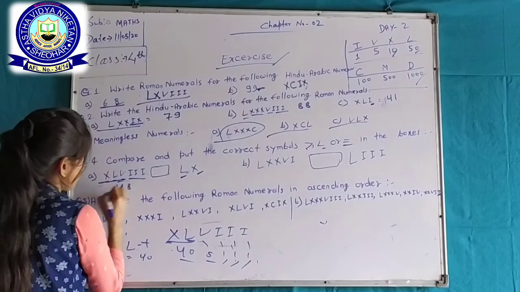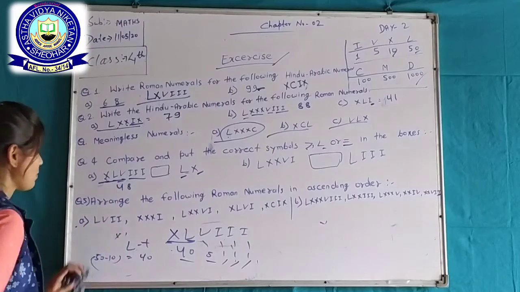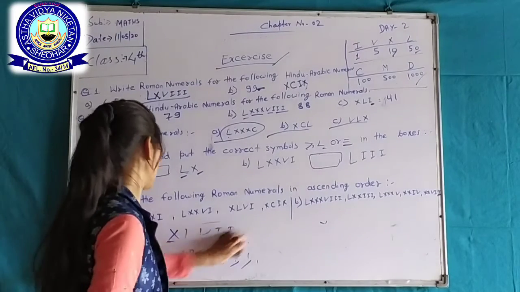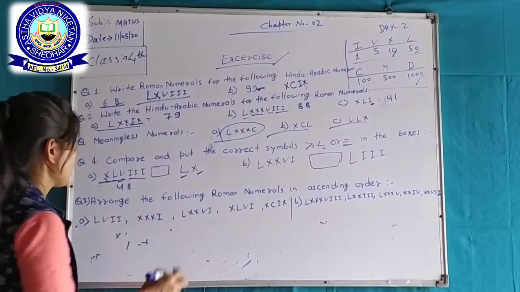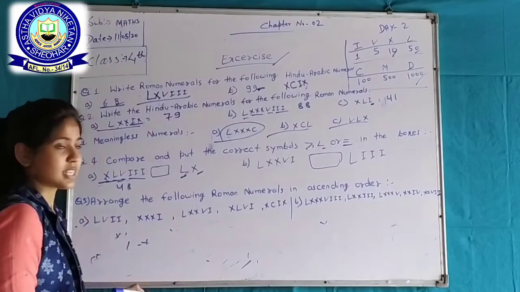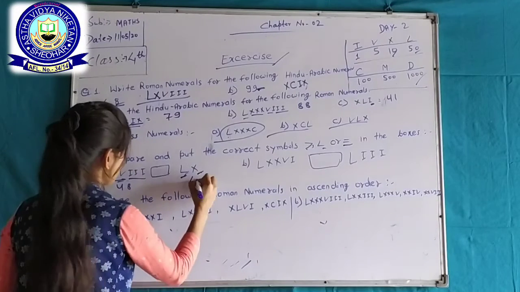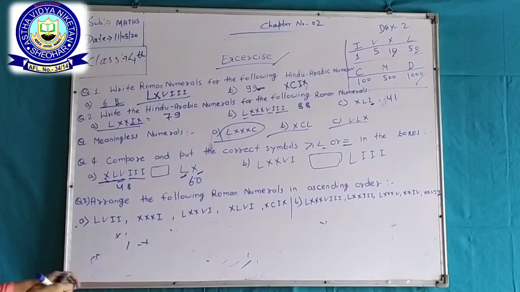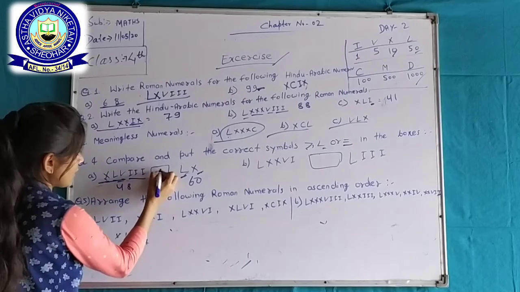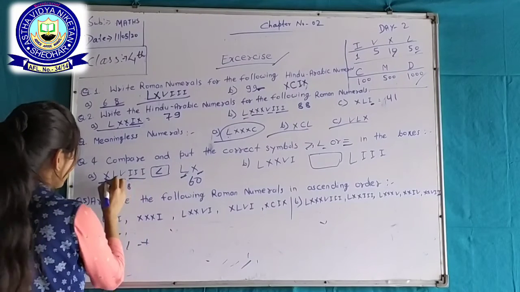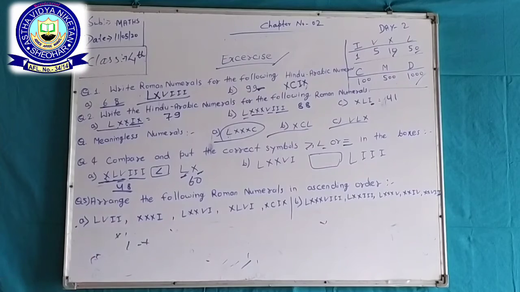The Hindu Arabic numeral for this Roman numeral is 48, and the other, L means 50 and X means 10, 50 plus 10, it will be 60. Which one is greater? LX is greater than the value of 48.